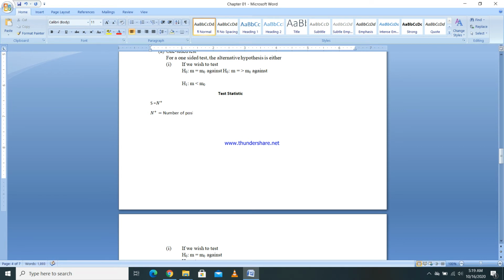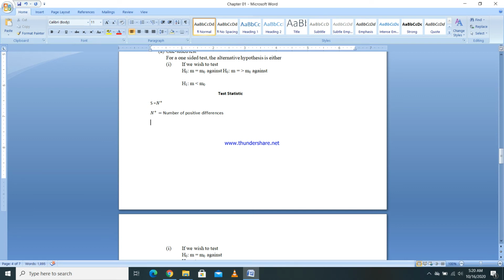I will explain when we are doing the example how to count the number of positive differences. So what you have to remember is, when it comes to the one-sided test where your alternative is m less than m naught, your test statistic is capital S, equal to n plus, where n plus is the number of positive differences.